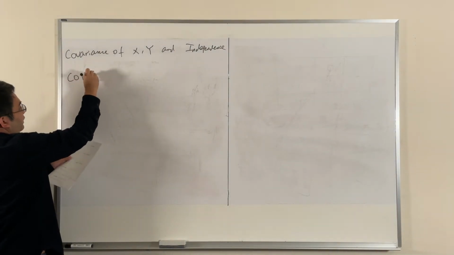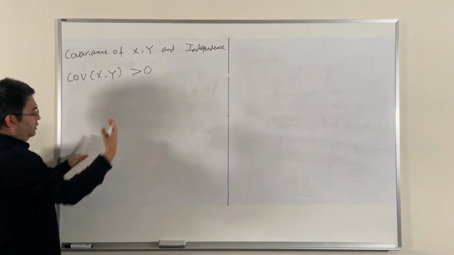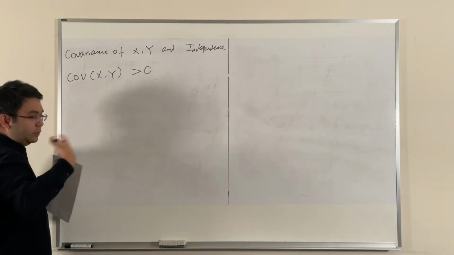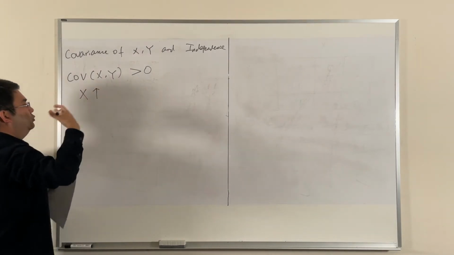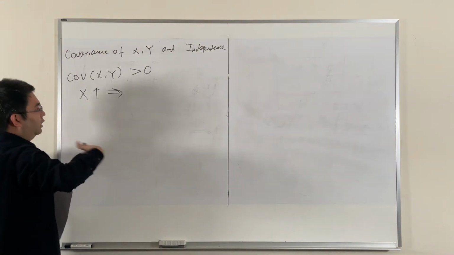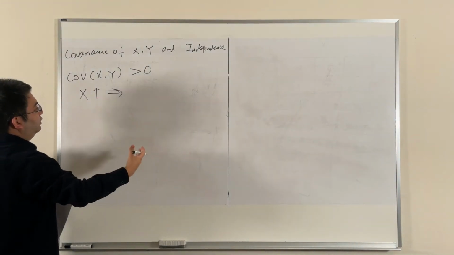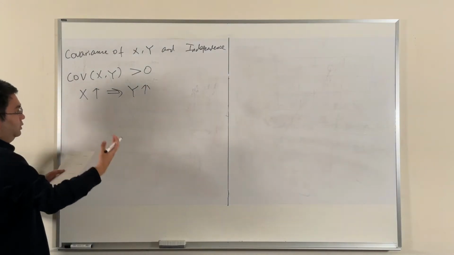So covariance of X and Y, say if the value is positive, is greater than 0, that means for random variables, if the value of X turns out to be higher, then it's likely the value realized for Y is also higher, right? That means they have a positive relationship.